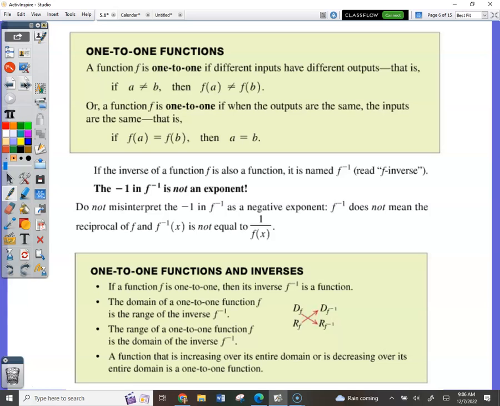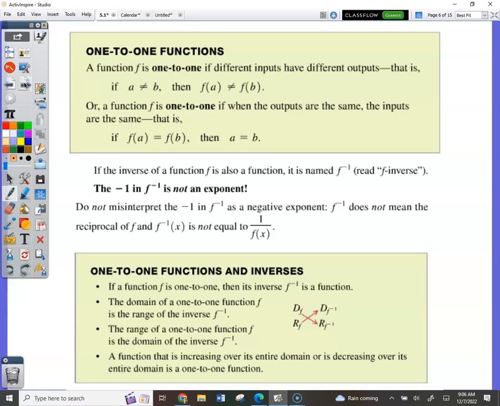The math behind it is, if A does not equal B, which means if you have two different numbers that you're plugging in to the function, you're going to get two different outputs. That's how you interpret this. This is saying, pick two numbers that are not equal, plug them into F. You should get two answers that are not equal. You see how to read it now?